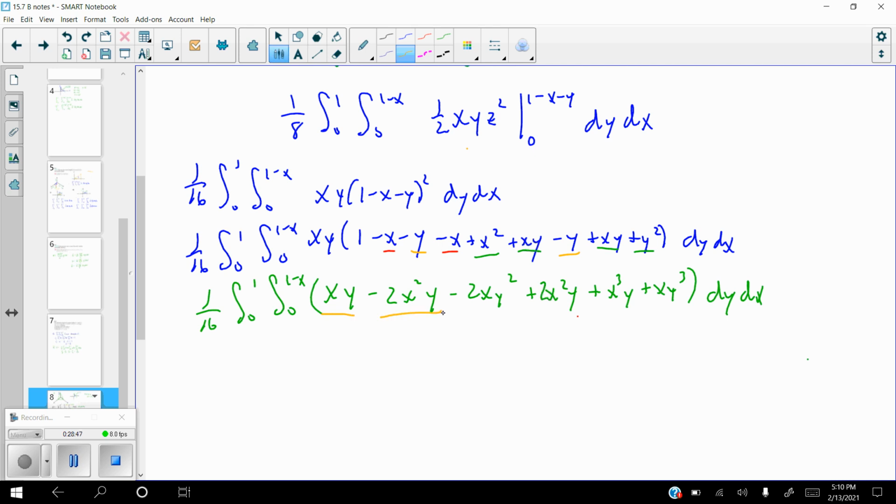And do I have another solo y somewhere? Yes, that term. So I'm going to take those terms right there, and I'm going to regroup those together. So I'm going to have xy minus 2x squared y plus x cubed y. I did that because all those terms have a solo y in them.